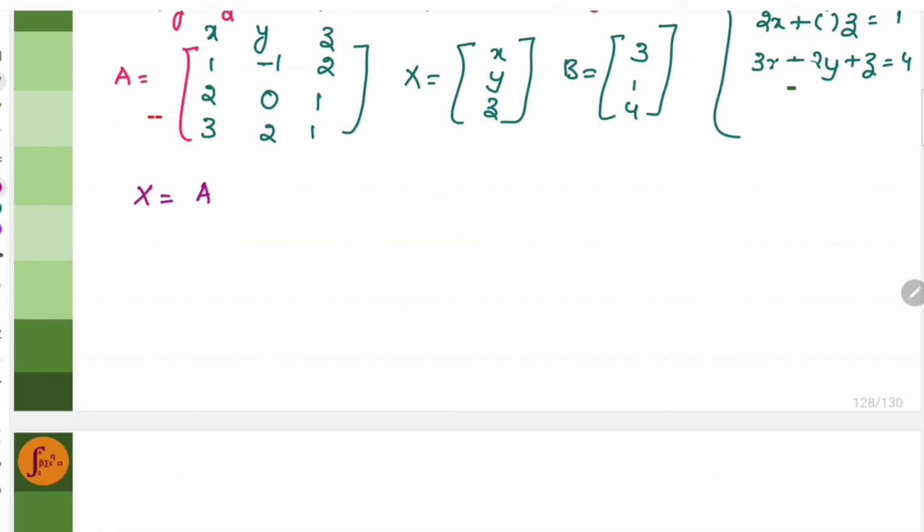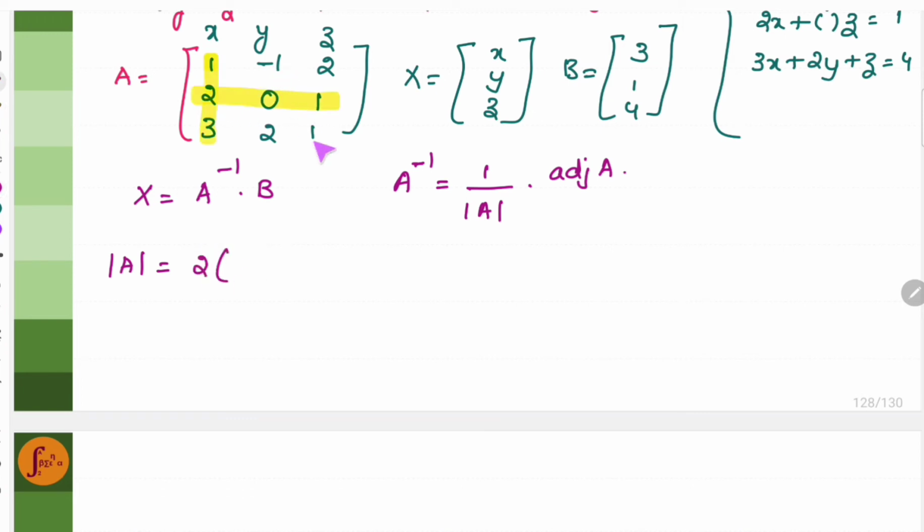Matrix X is A inverse into B, and A inverse is equal to 1 by determinant of A into adjoint of A. Now let's find the determinant of A. We'll take the row which has 0. We get 2 into minus 1 into 1, 1, minus 1, minus 4. And what is the sign? The signs are plus, minus, plus, minus, plus, minus.